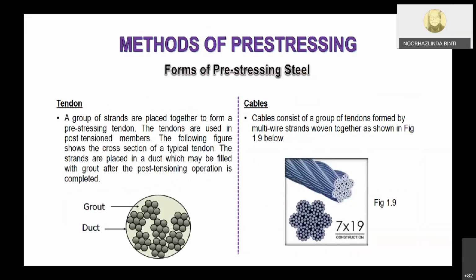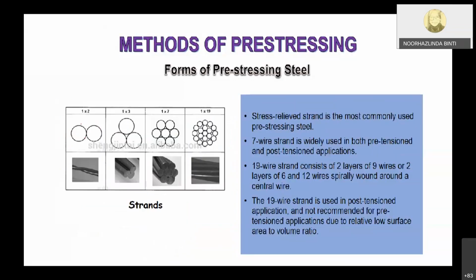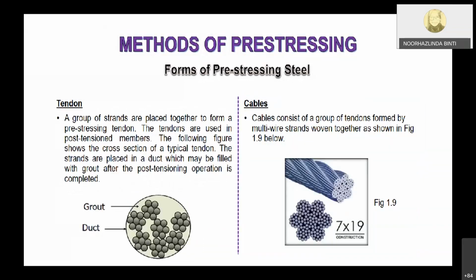So what is tendon? Tendon is a group of strands. Just now, strands were a group of wires. Now a group of strands, when you combine a few strands, maybe 2 wire strand or 7 wire strand, with a few groups of 7 wire strand, you group together, not spun together, that one we call tendon.